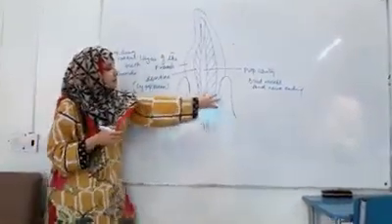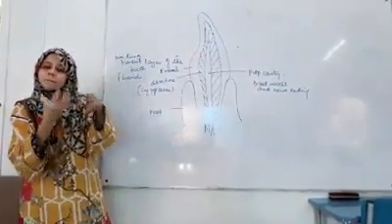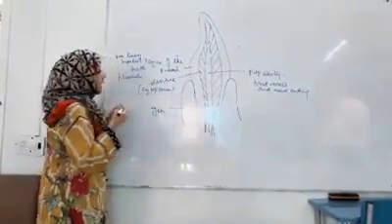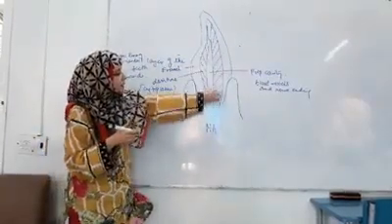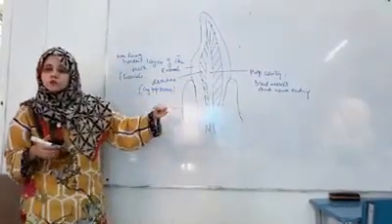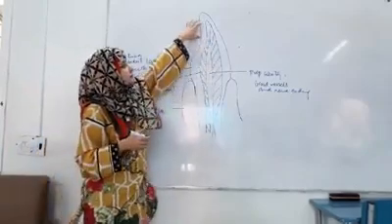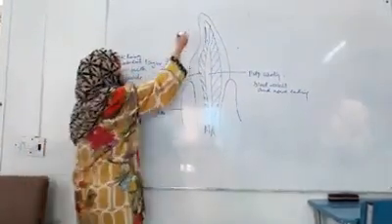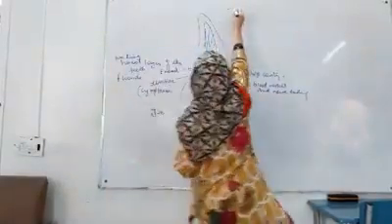Now, this is known as gum or root. The part of the teeth which is embedded in the gum is called root. And the part of the teeth which is present in the buccal cavity is known as crown.